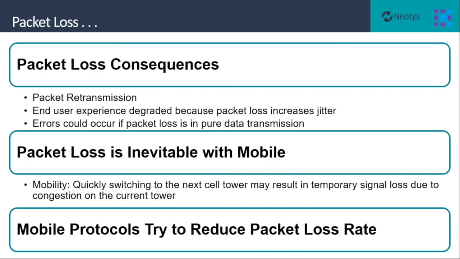So the other impact here is packet loss. I mean, we are using mobile, we are traveling, you're in a train, so potentially you will lose packets while you're using your app. And packet loss has one impact.